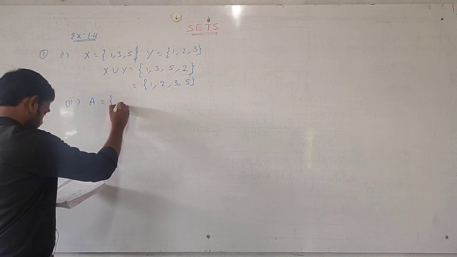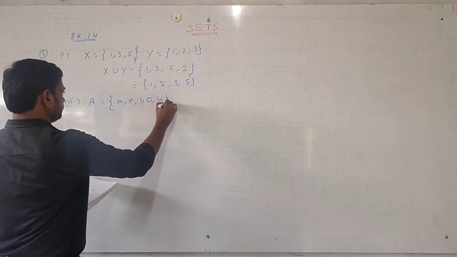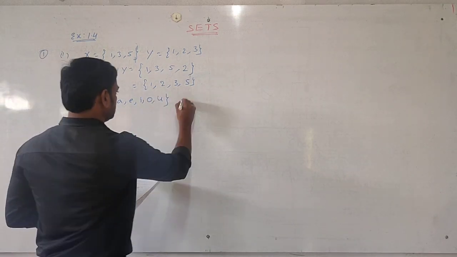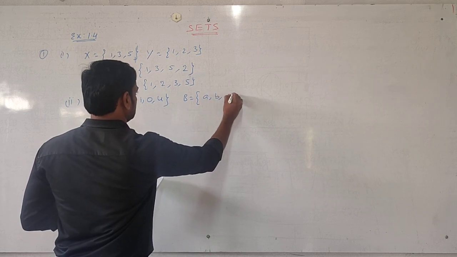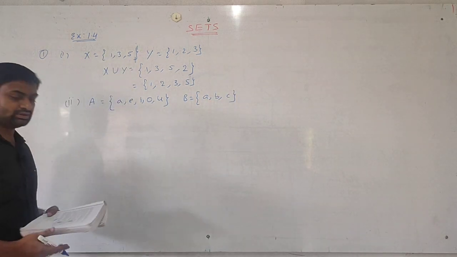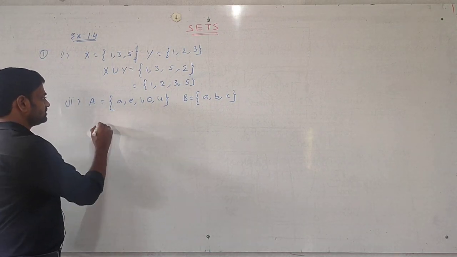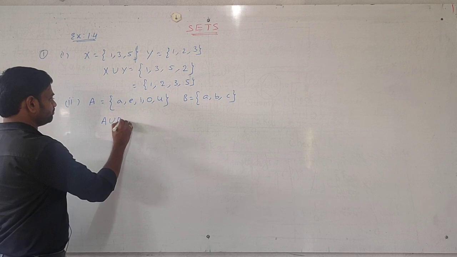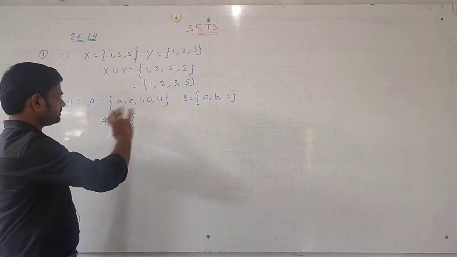Next, second is capital A equal to {A, E, I, O, U}, B equal to {A, B, C}. Now what is the union of these two sets? A union B is equal to: write all the elements.